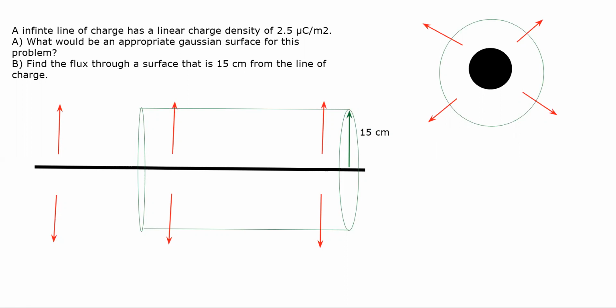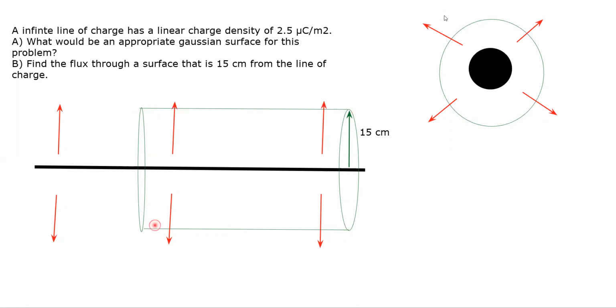Let's calculate flux. We essentially have these three different sides. You have the front end and the back end, if you picture this as a can, the right side of the can, the left side of the can, and then you have the sides.